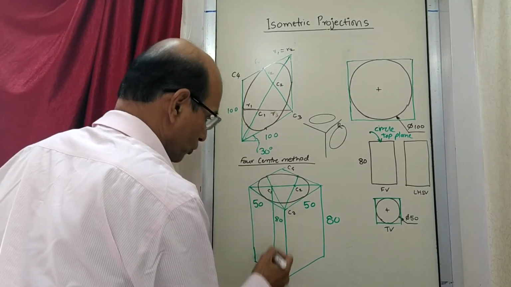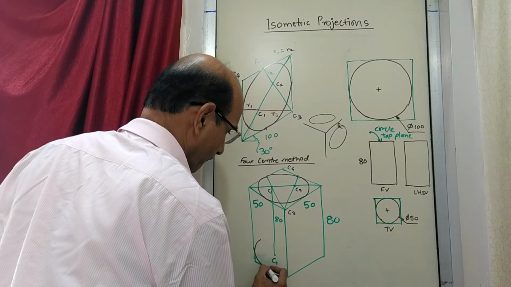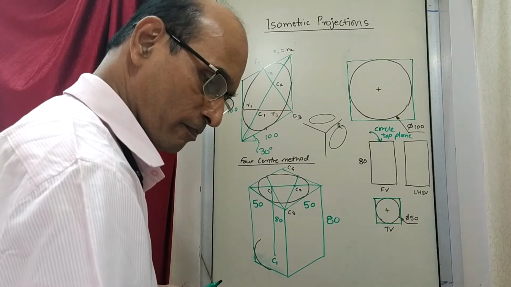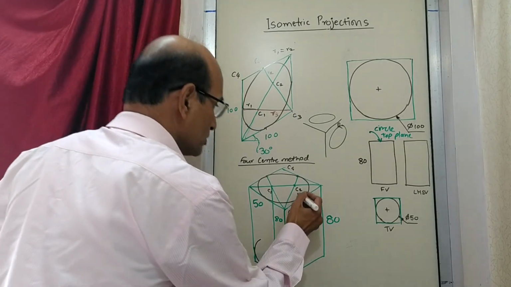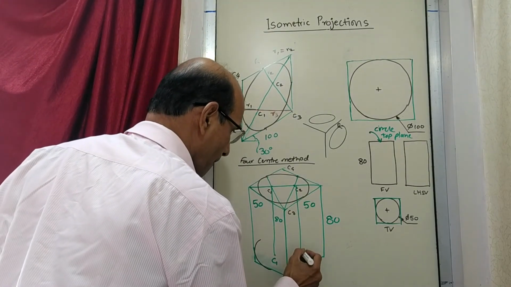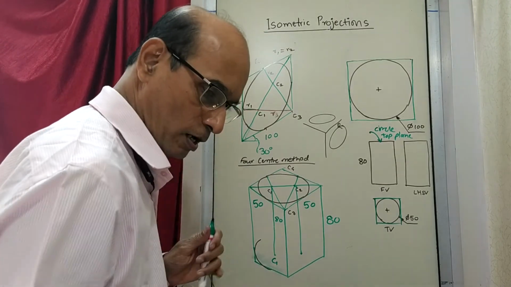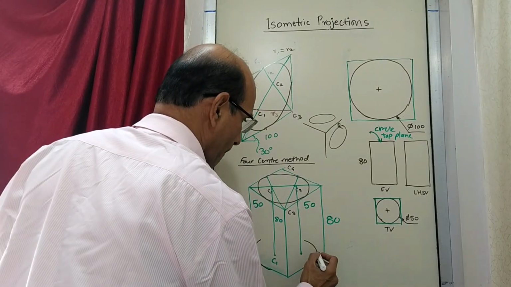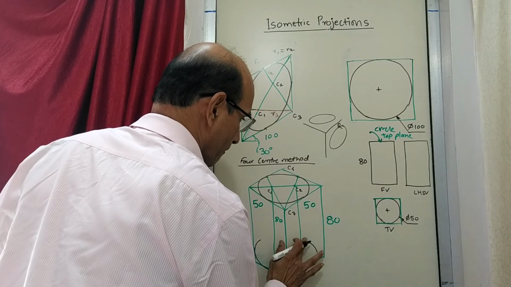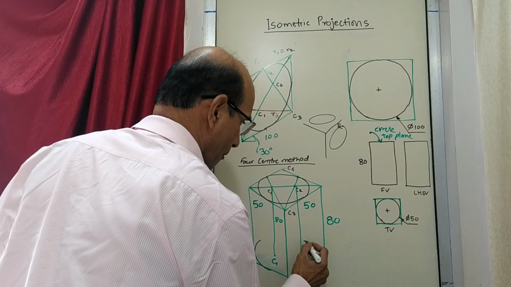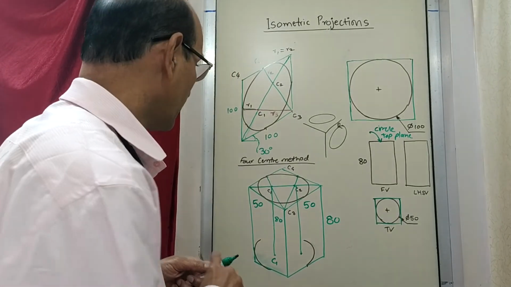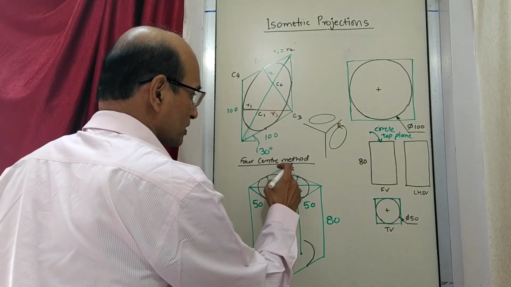So this arc you draw here again. Same arc. In the same way you shift C2 down and draw another arc, like this arc you draw here. Then for drawing this arc, the center was here.